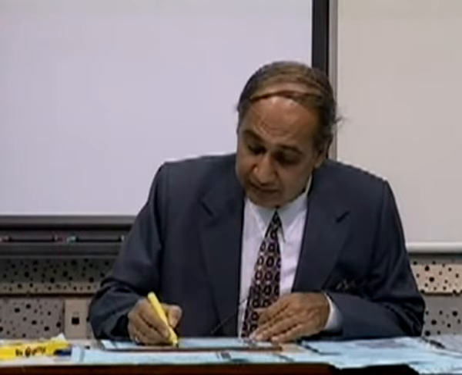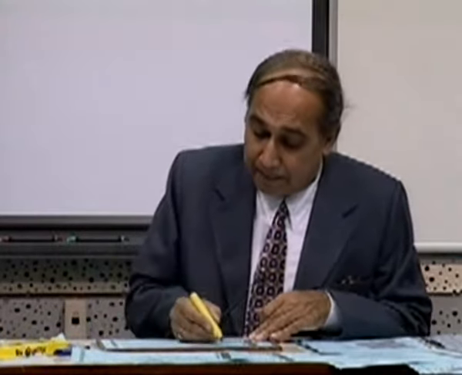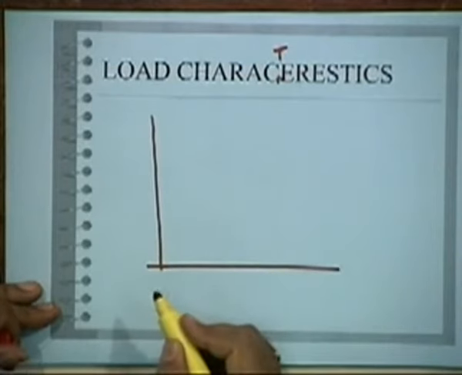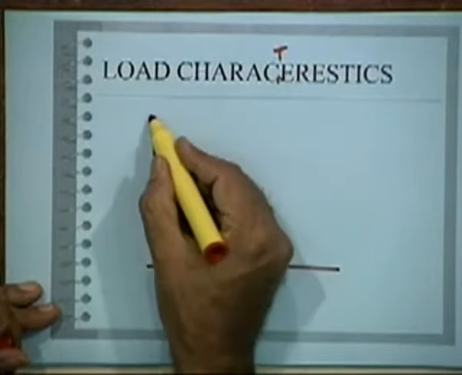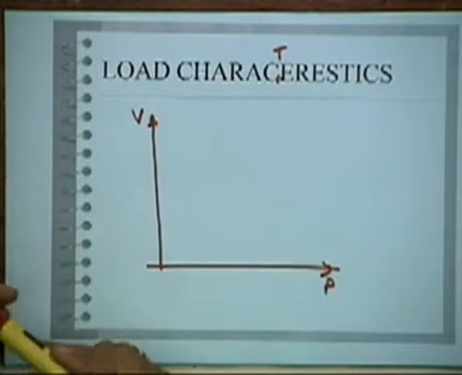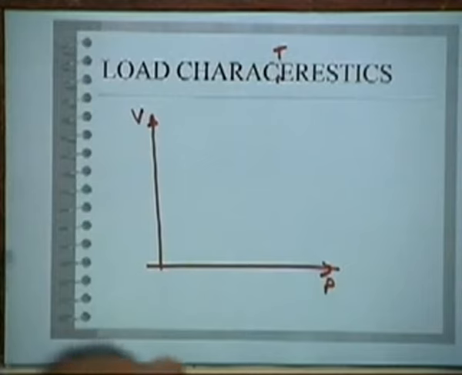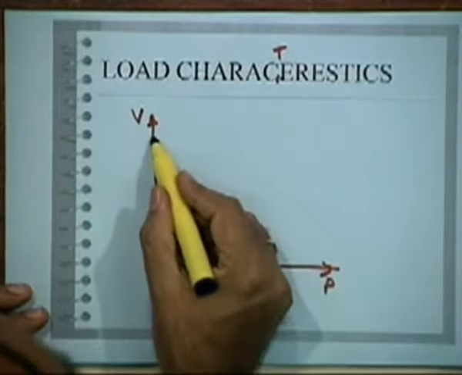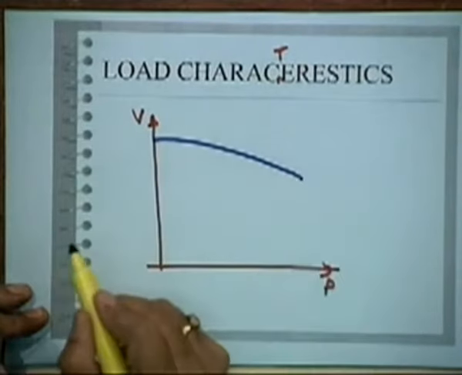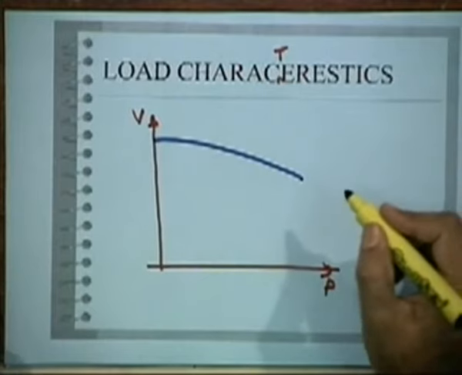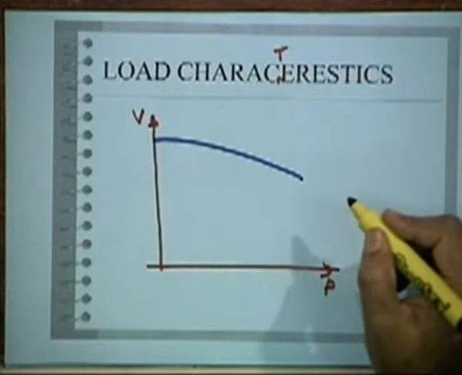Now typically the load characteristics, if that self-excited induction machine is loaded, the voltage versus power output will be typically like this. But we are only doing a qualitative explanation. The voltage drops because of inherent internal impedances and reduction in VAR.